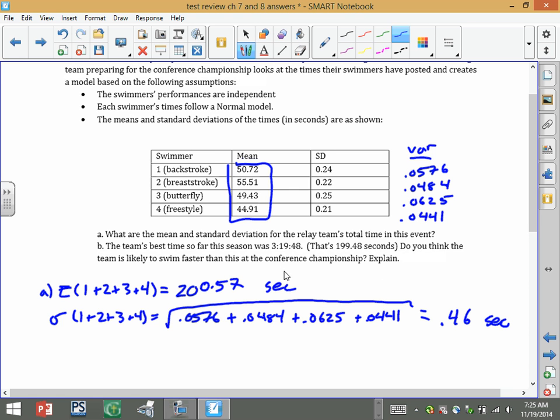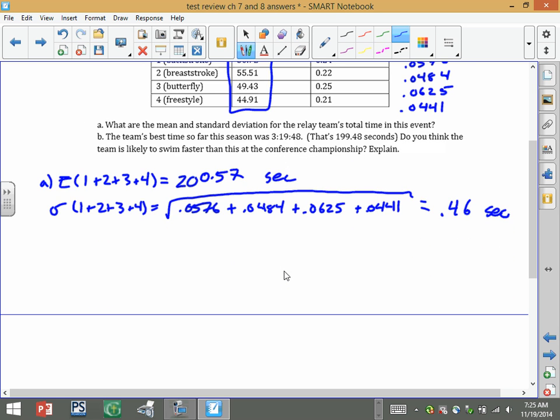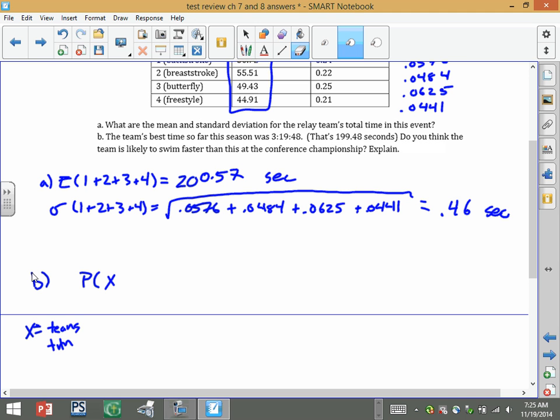So the team's best time so far is 3:19.48, which is 199.48 seconds. Do we think they're likely to swim faster than that at their conference championship? So since we're in a normal model, we're really looking for what's the probability if we let x equal the team's total time.